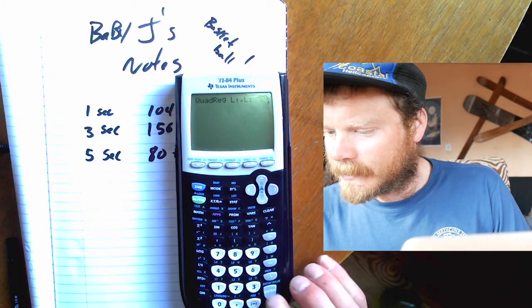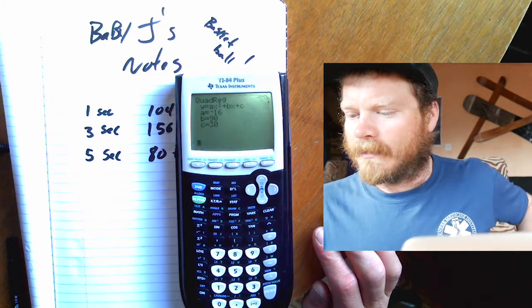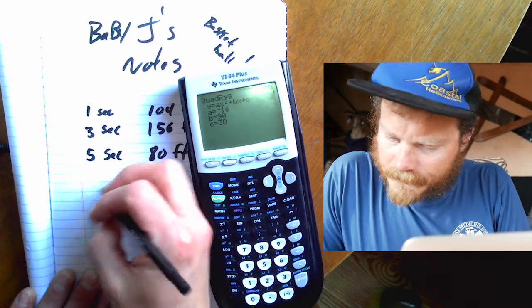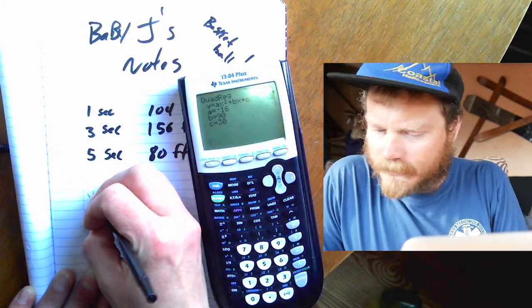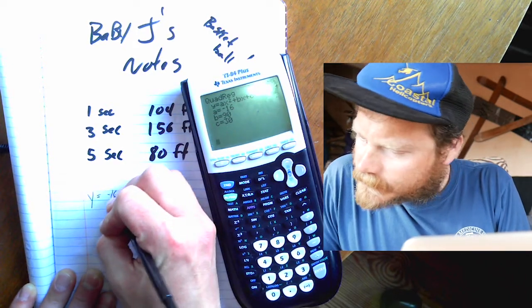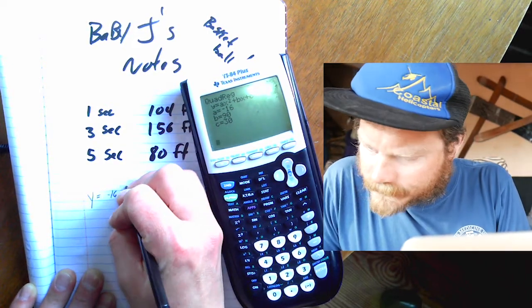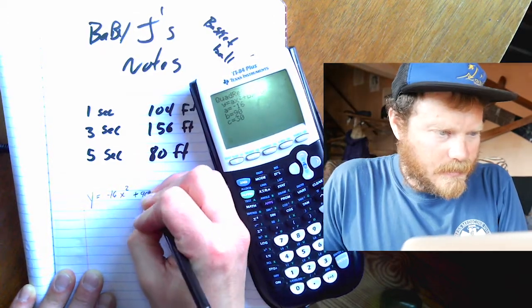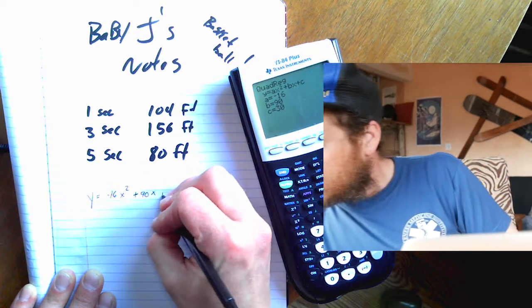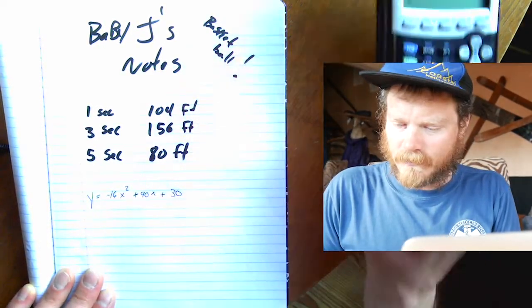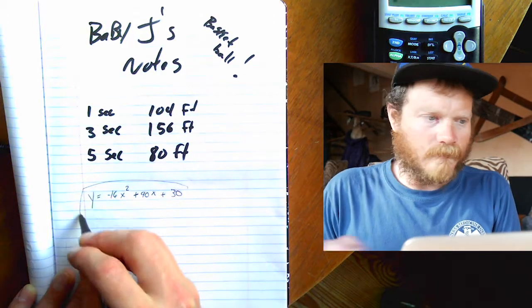Then we hit enter, and now we should come up with our formula, which of course is y, or our height, equals negative 16x squared plus 90x plus 30.